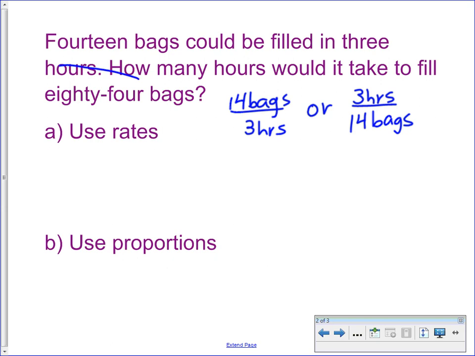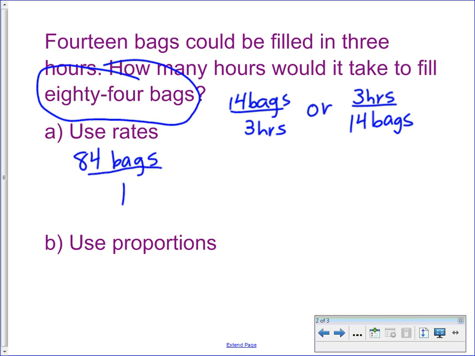So Aiden, what do I do with the 84 bags when we're doing rates? Put it over 1, with the 3. Then we pick the correct rate to multiply by. So Maddie, which rate are we going to do?